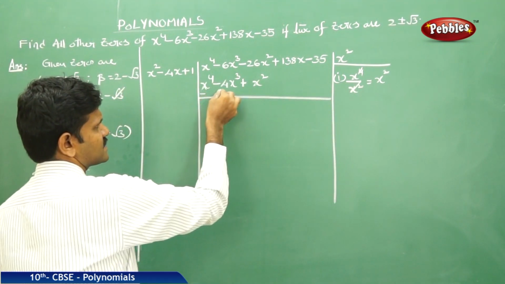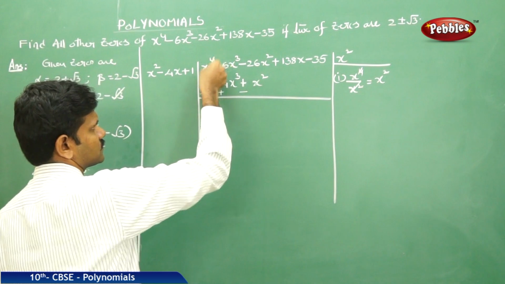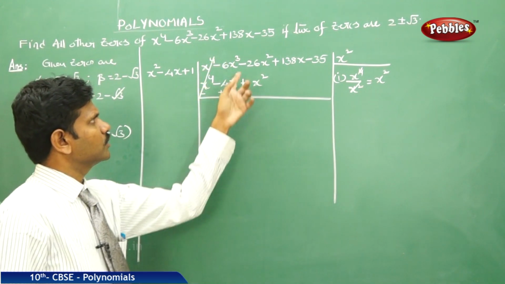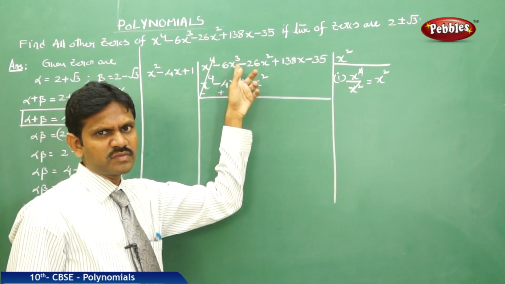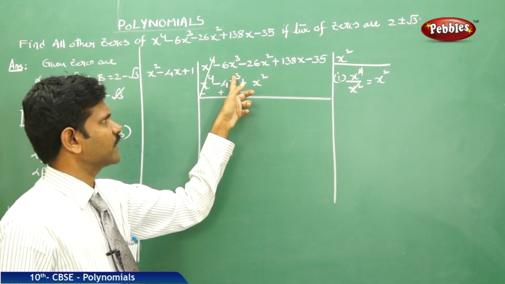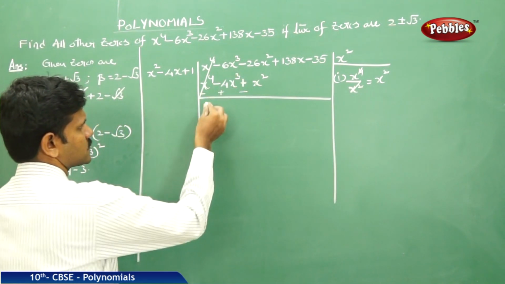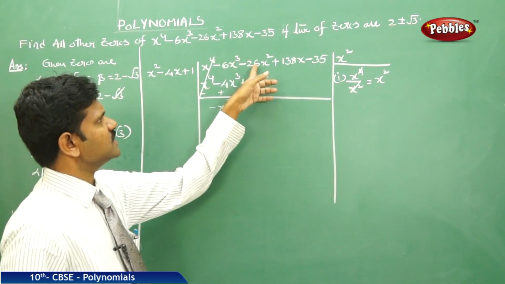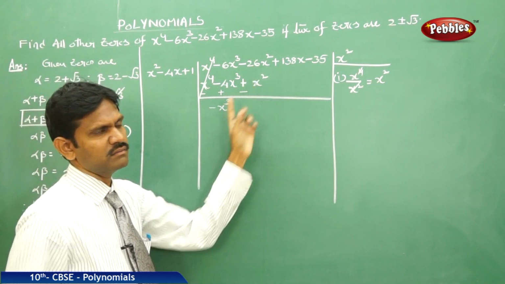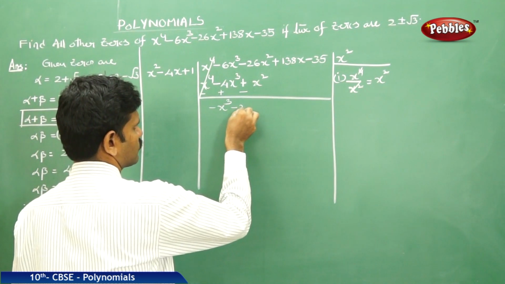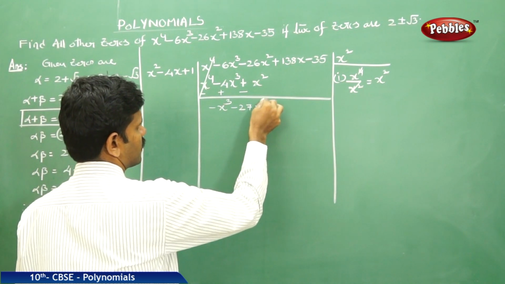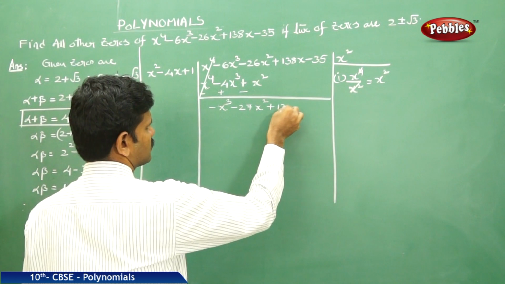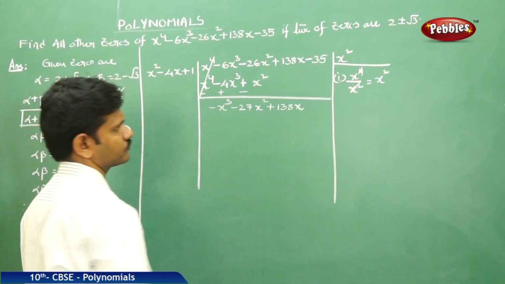Now minus plus minus get cancelled, the x to the power 4. Now similar terms can be simplified. Minus 6 plus 4 will give you minus 2x cube, minus 26 minus 1 is minus 27x square, plus 138x.